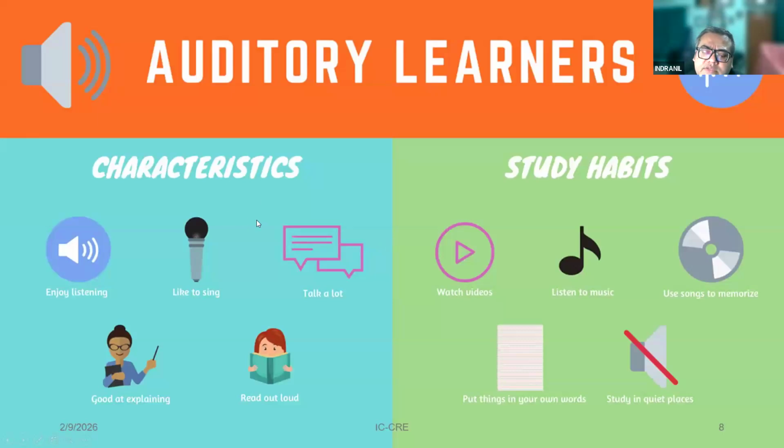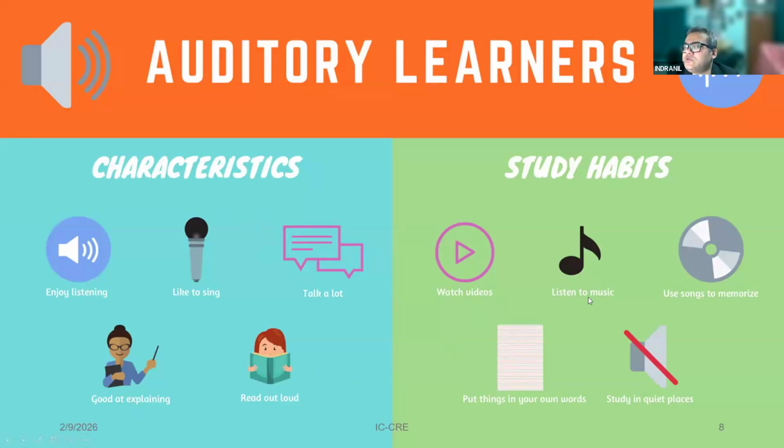So auditory learning has different characteristics: you can enjoy listening, you may like to sing, you may talk a lot, you are good at explanations, you read out loud. And what are the study habits? You watch videos on YouTube, etc. You can see reels; there are a lot of knowledgeable reels and YouTube videos.